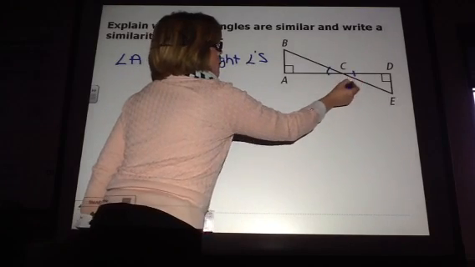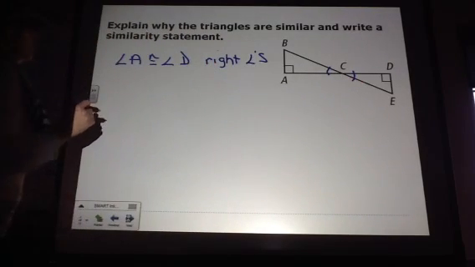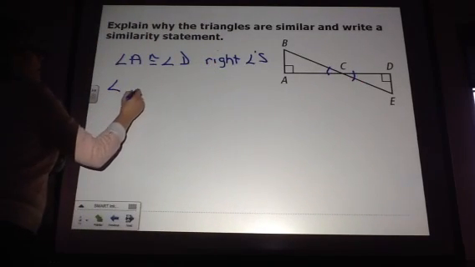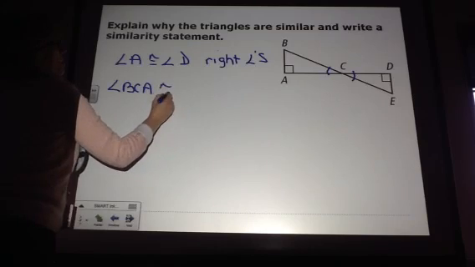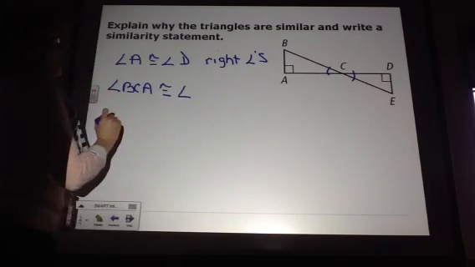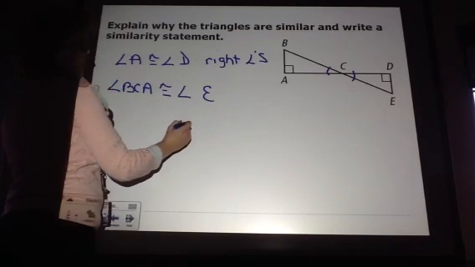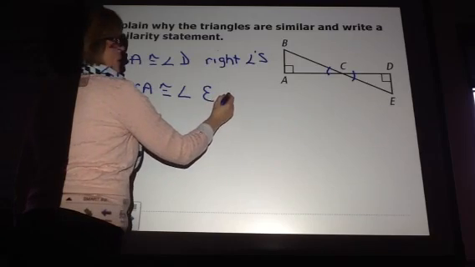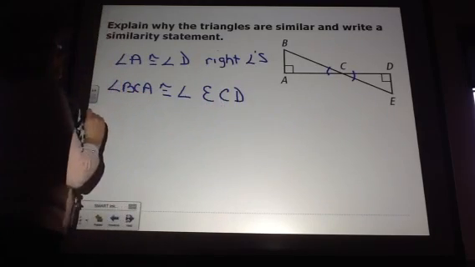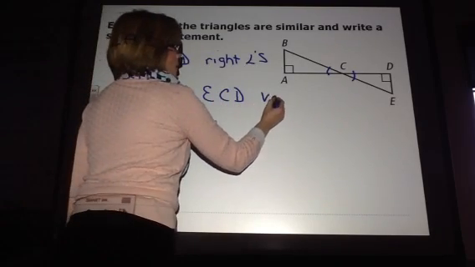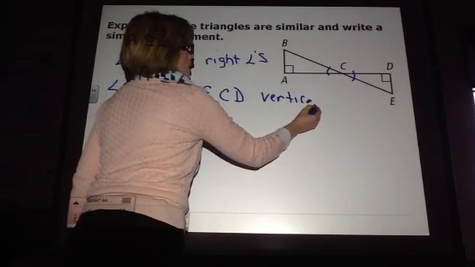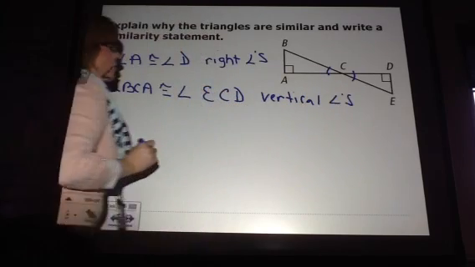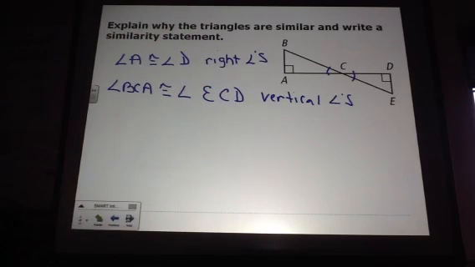What do we know about these two angles? So that's angle BCA congruent to angle ECD, and these are vertical angles. We all know that vertical angles are congruent. Therefore, we have two corresponding angles congruent.